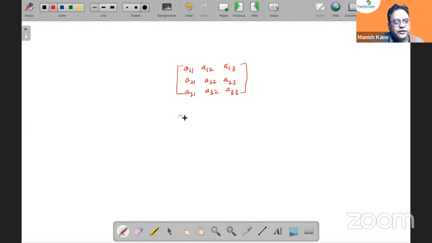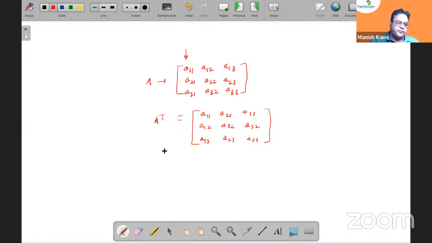If you write a matrix in this fashion, the transpose just converts the columns into rows. So you write columns as rows: A11, A21, A31, A12, A22, A32, A13, A23, and A33. So this is A and this is A transpose.